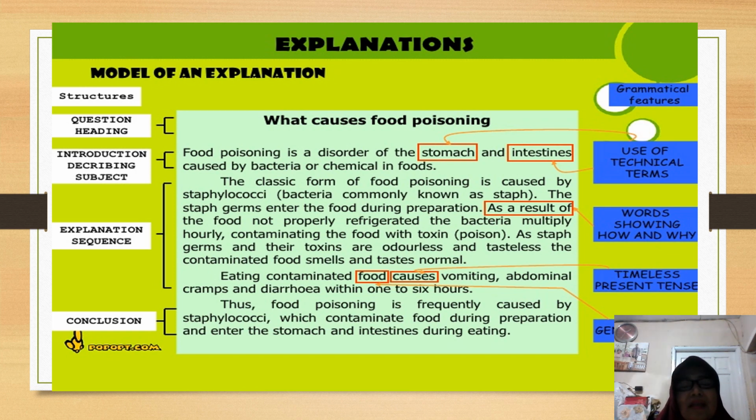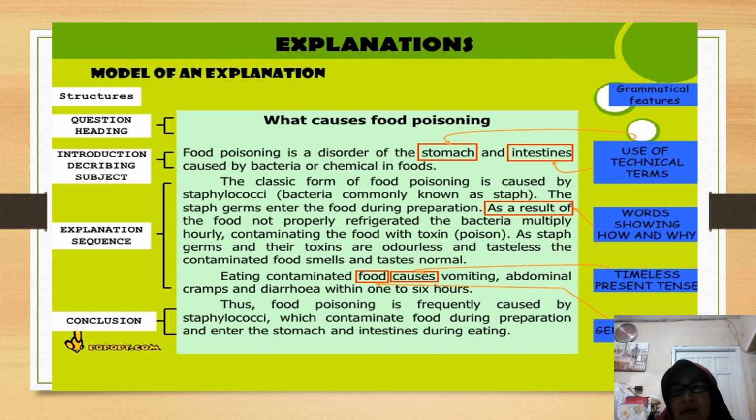Here in the text the subject is food poisoning, or keracunan makanan in bahasa. Then it is followed by a sequence of explanation, why and how, and then the last paragraph here is the conclusion, why it happened and how it happened.